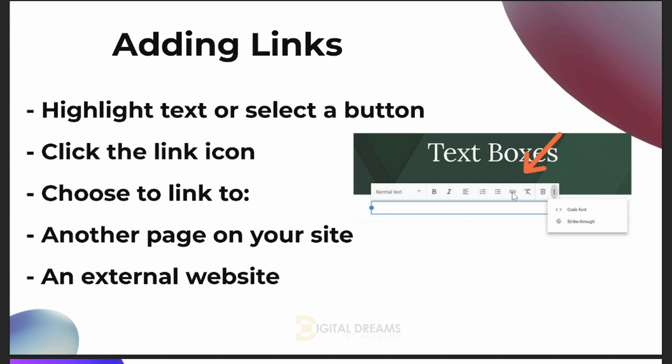This is the icon. It looks like an eye, but it's not. It's for adding links. You can add it to your text or your button, just like we did last time, where I created a button and added www.youtube.com, which means when I click on that button, it's supposed to take me to YouTube.